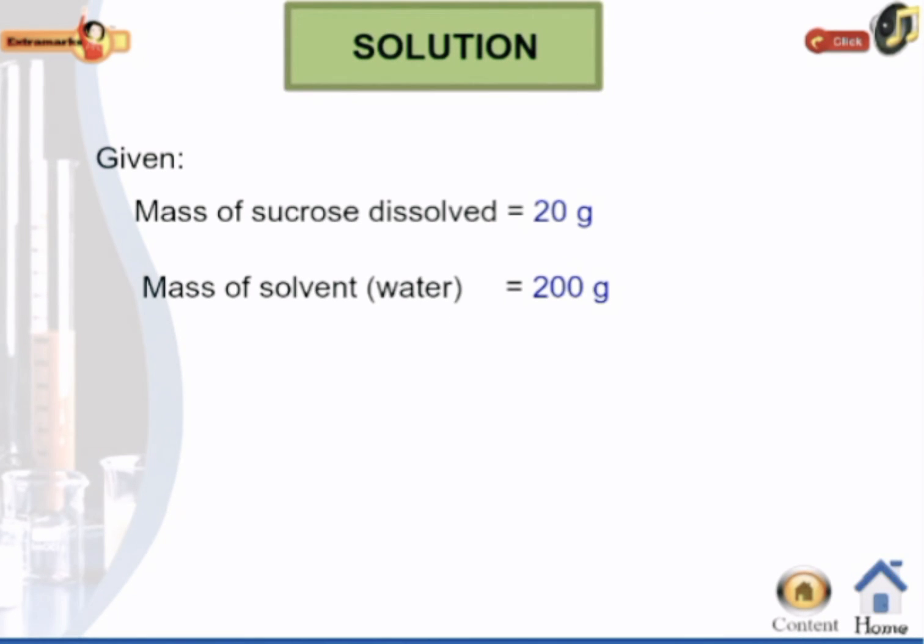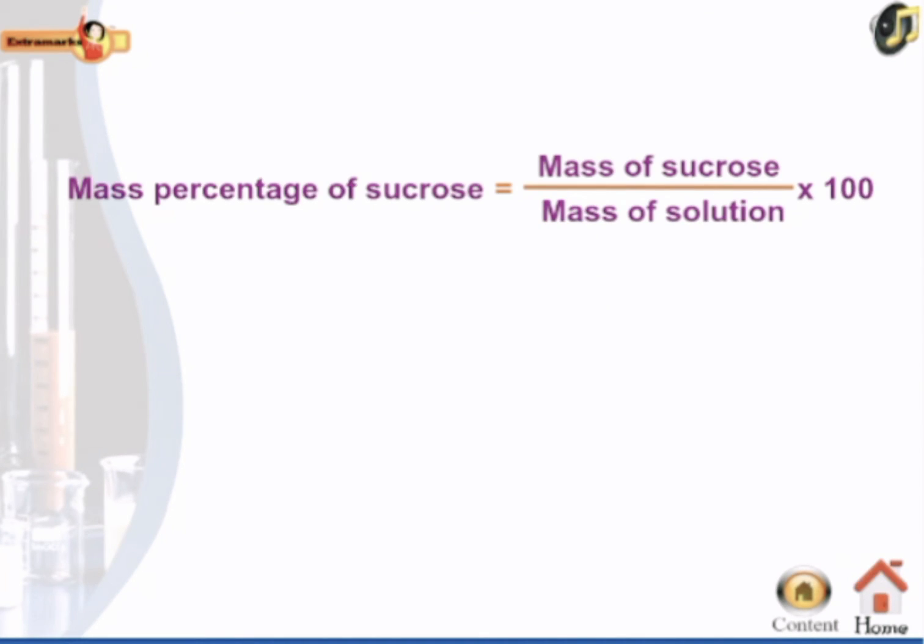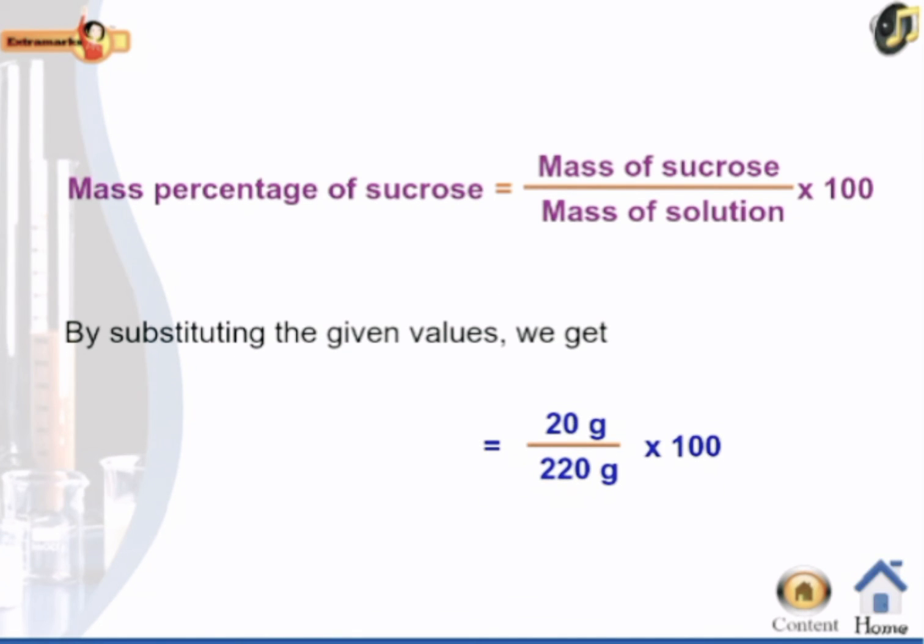We have mass of sucrose dissolved, which is equal to 20 grams, and the mass of solvent is equal to 200. Thus, on applying the expression and substituting the values, it comes out to be 9.09.